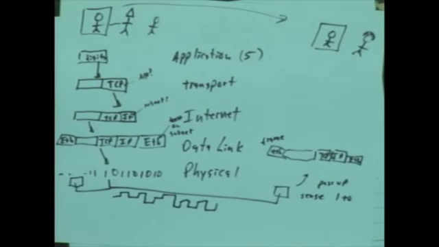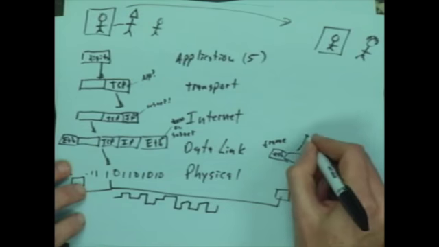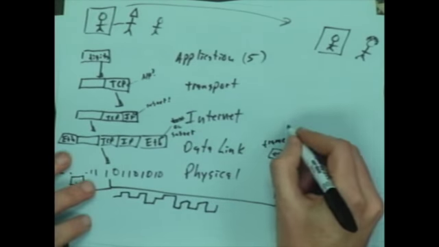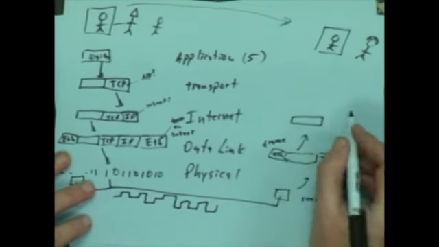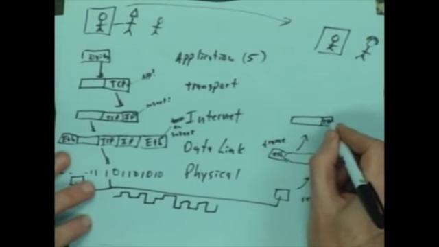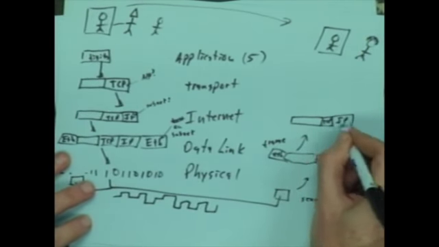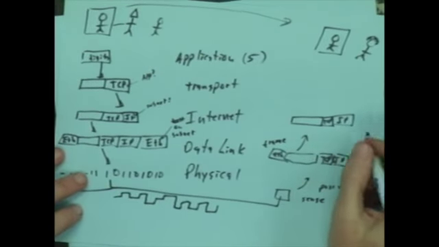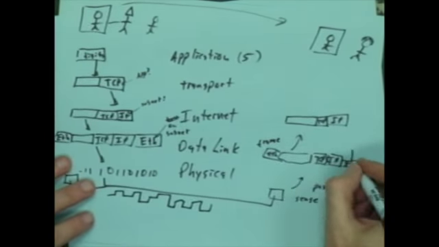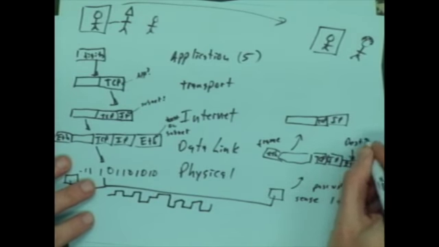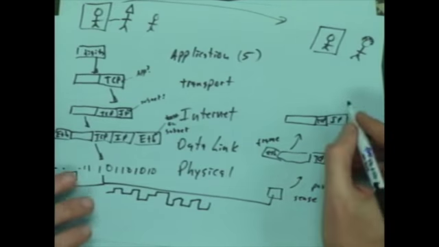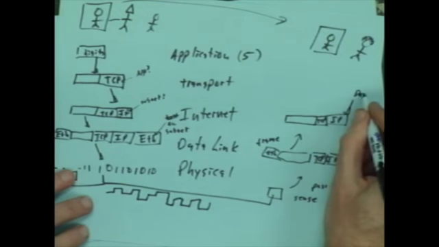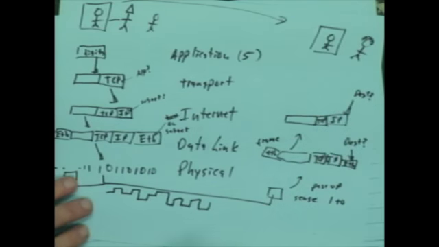Isn't this fun? What comes out of here? Well, out of here we're going to get the data again. This one will have the TCP and the IP. The internet layer is going to say, is this us? It's going to look at the destination and make sure it's for you.